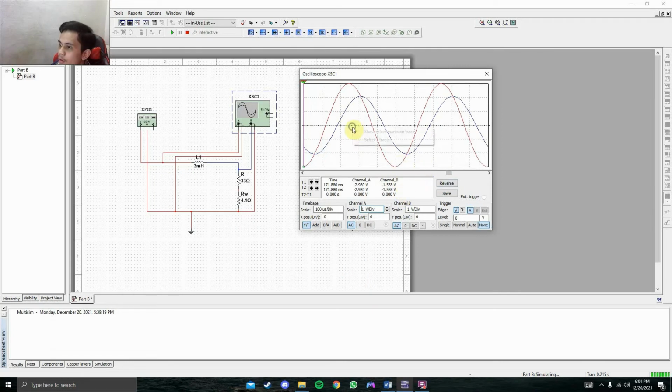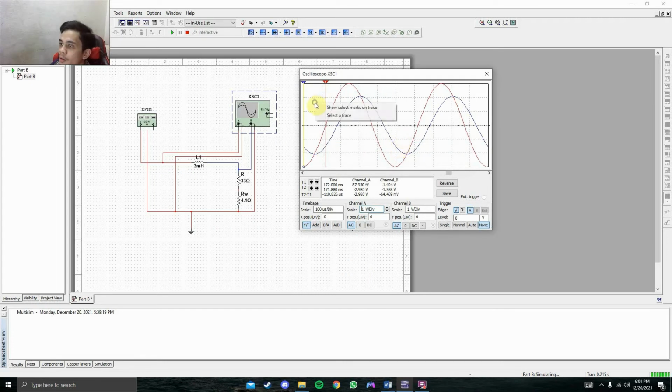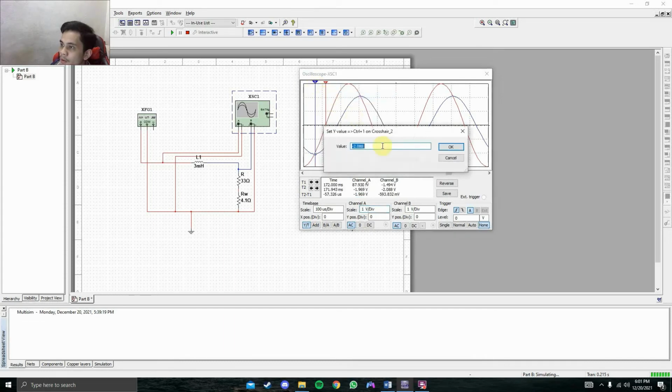So for inductance, select a trace for channel A, and then the cursor will be cursor 1, not cursor 2, and then set the Y value to 0.